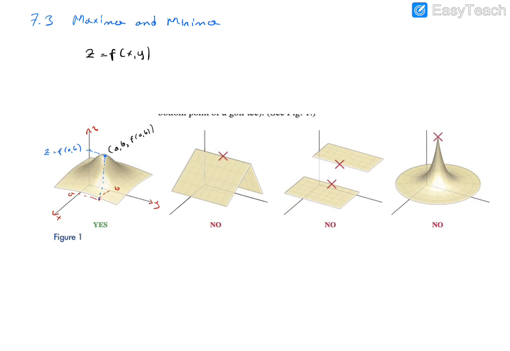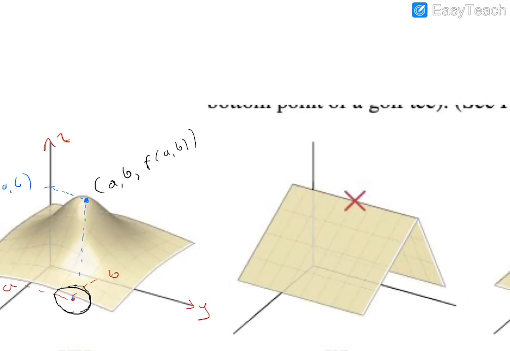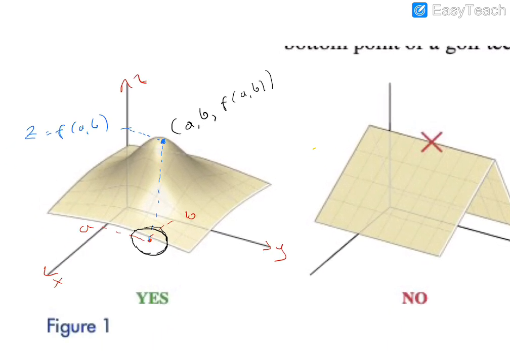Now let's look at any circular region here, for example this circular region. By choosing any point on that circle, you can see this is the f of x, y value for this point.